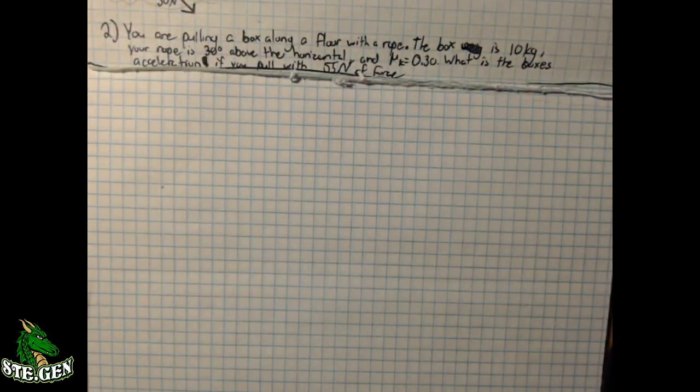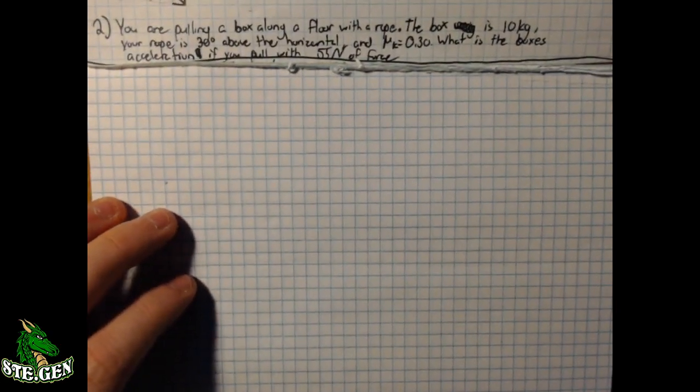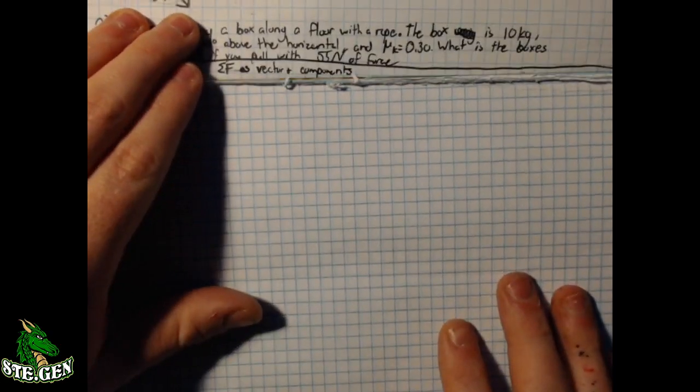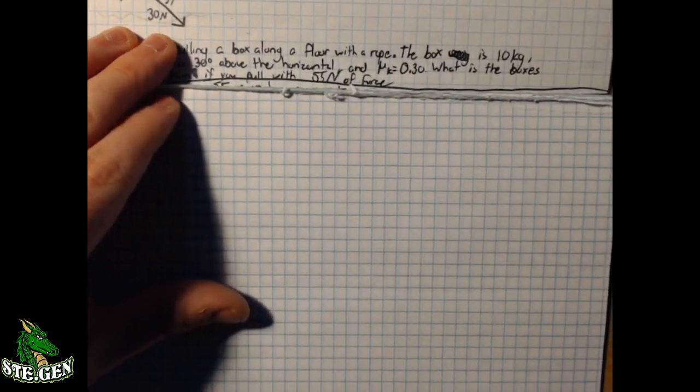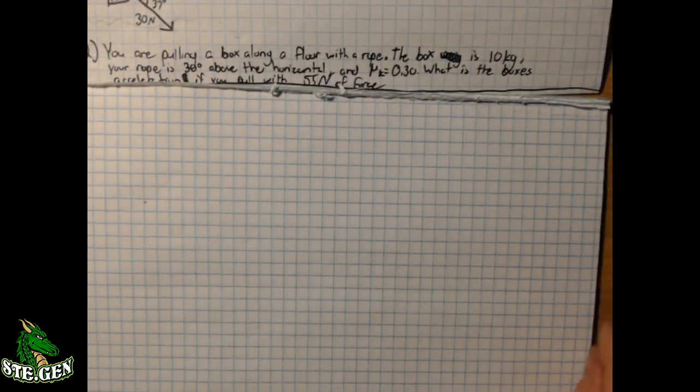Actually, let me double check. I don't want to make up a number and then it'd be impossible. Pausing. I have returned. 55 newtons will work for the problem. So glad I double checked that. Okay.